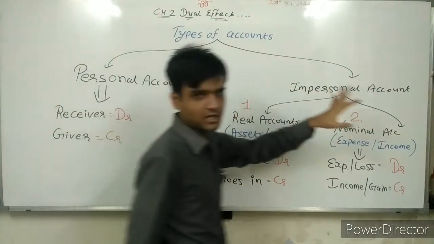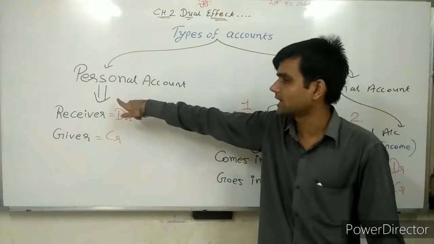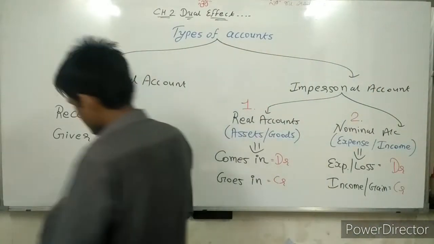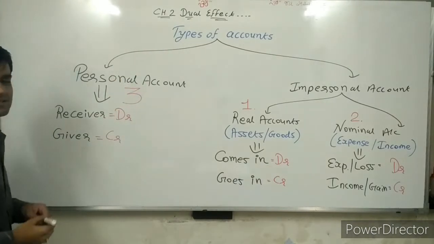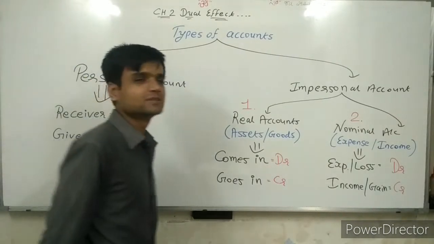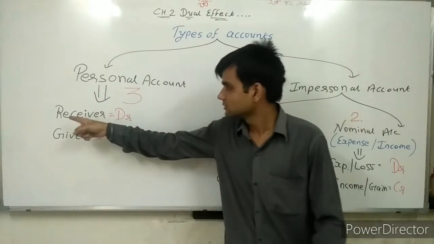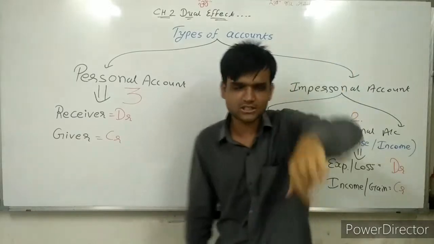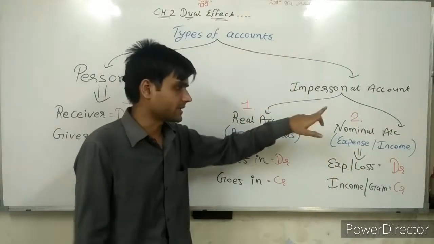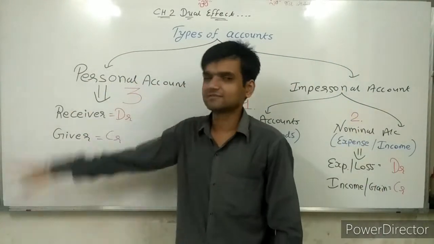If both rules are not applied, then go to the third step, and that is personal account. So in personal account, we are applying last. First we are applying this, then this, third we are applying this.